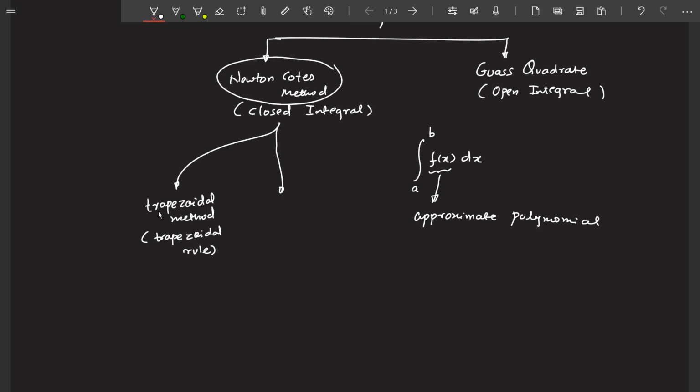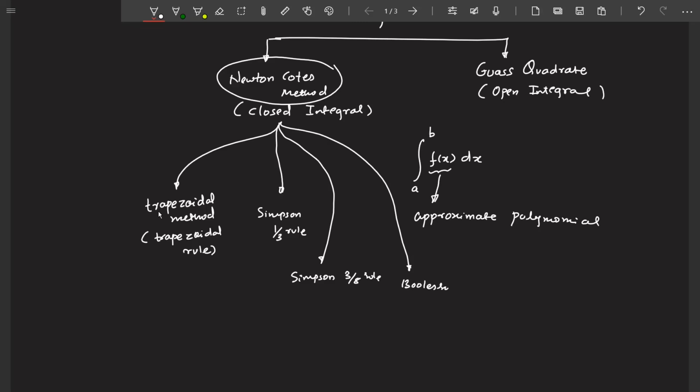Then there is the Simpson 1/3 rule. Then there is the Simpson 3/8 rule. Then there is Boole's rule, and the list goes on.